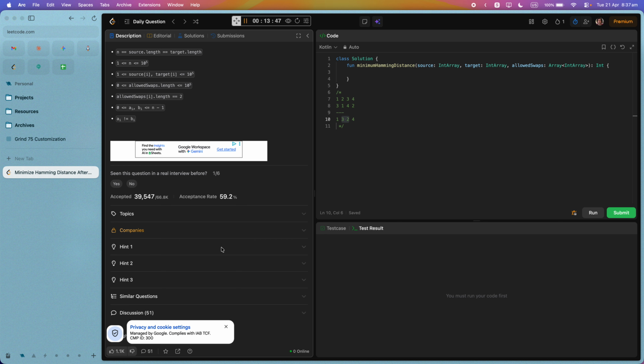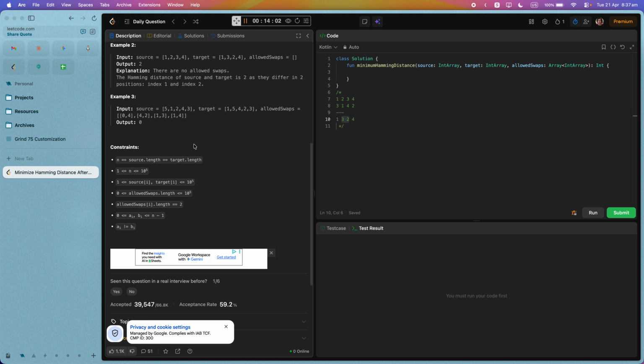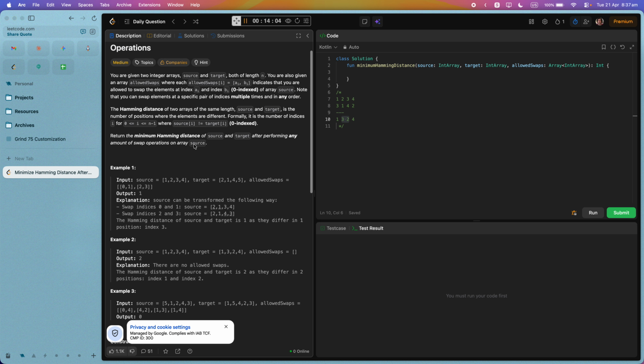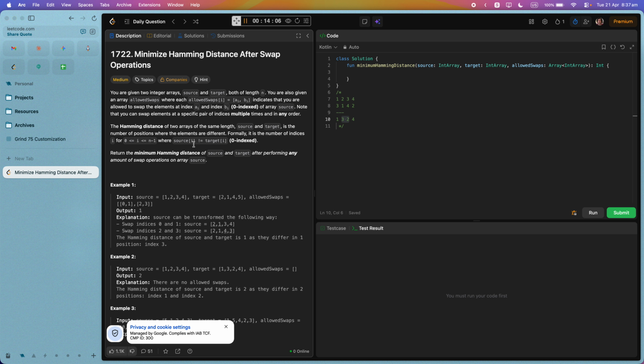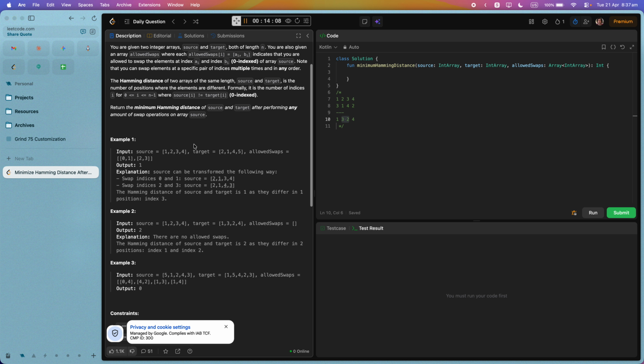I think I'm struggling. The source array can be imagined as a graph. Okay, this is what I was thinking. The graph where each index is a node and each allowed swap is an edge. Never in my mind did I think this would be a graph problem. But let's see. What they are saying is this is a graph and these are the edges.